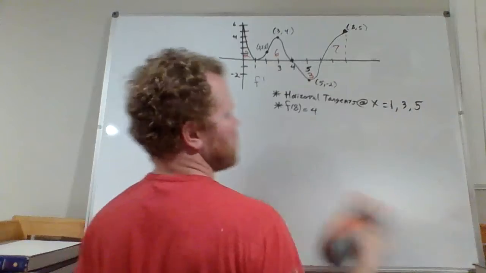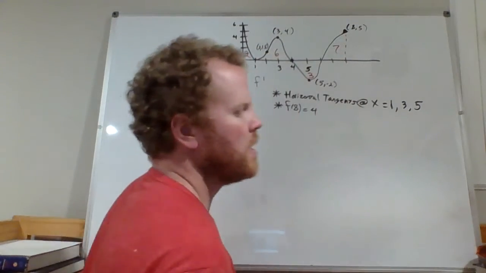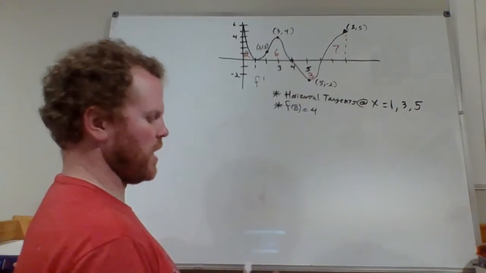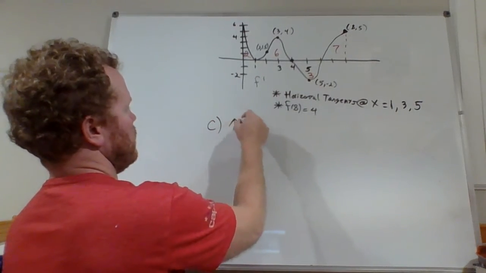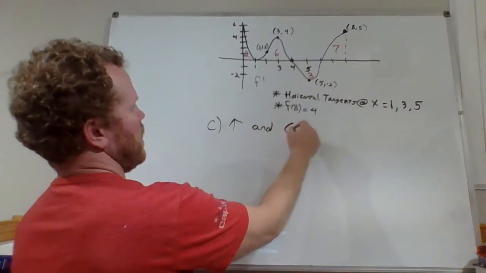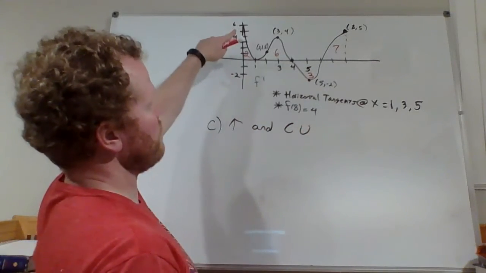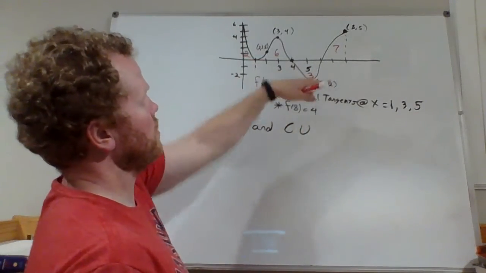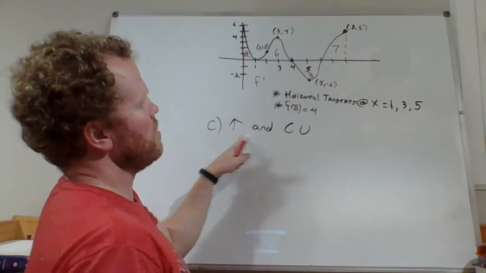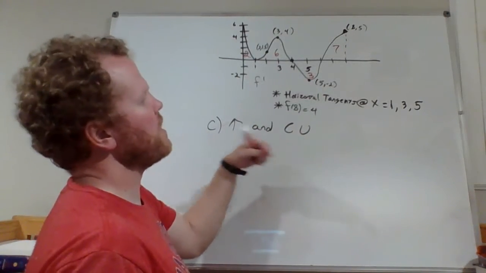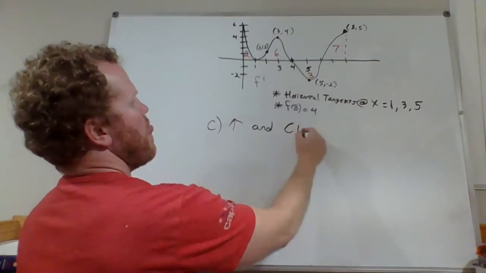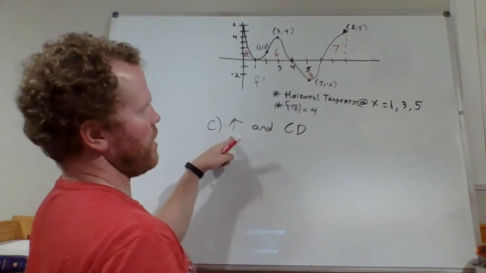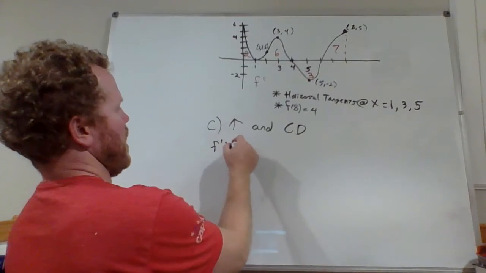C is pretty standard. C is when are you increasing and concave up? So if you're increasing and concave up, the derivative needs to be positive to be increasing. But for us to be concave up, the derivative needs to be, or sorry, increasing and concave down. So if you're increasing, f prime is positive.